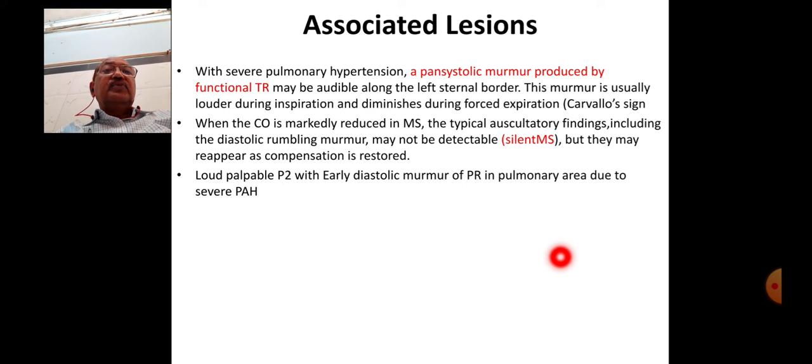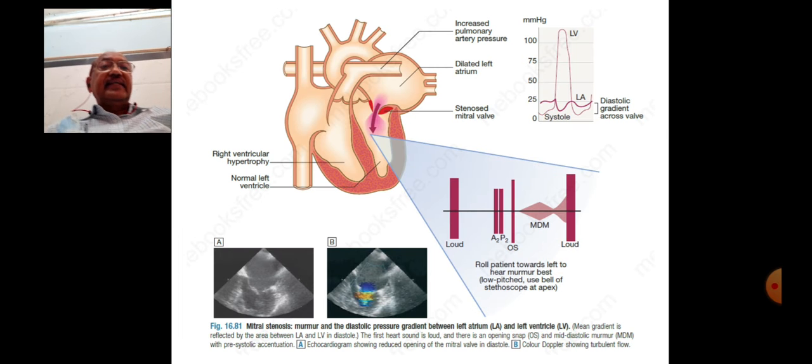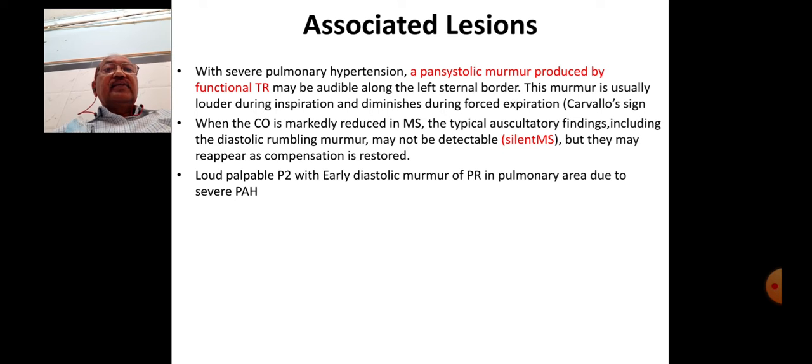When cardiac output is markedly reduced in MS, the typical auscultatory findings, including the diastolic rumbling murmur, may not be detectable, and then it's called silent MS. A loud palpable P2 with an early diastolic murmur of PR in the pulmonary area is due to severe pulmonary artery hypertension.